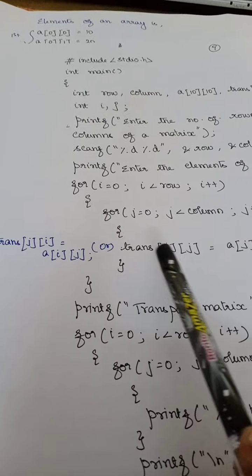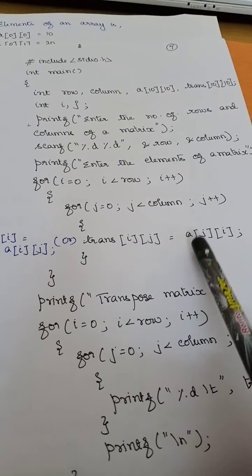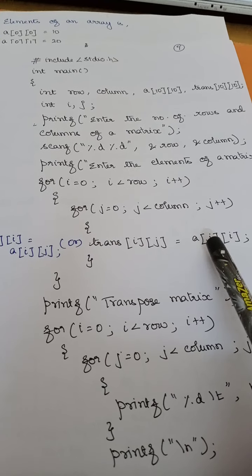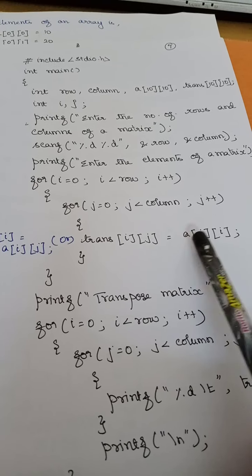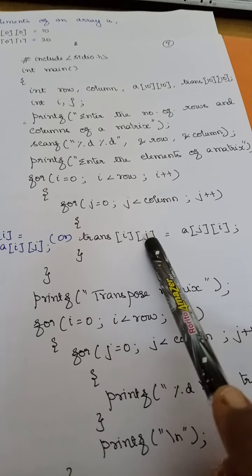Is that clear? So here I can have trans of ij equal to A of ji. That means I am interchanging the row and column. So j is a column, so I am taking the column and row value and assigning it to the row and column value.